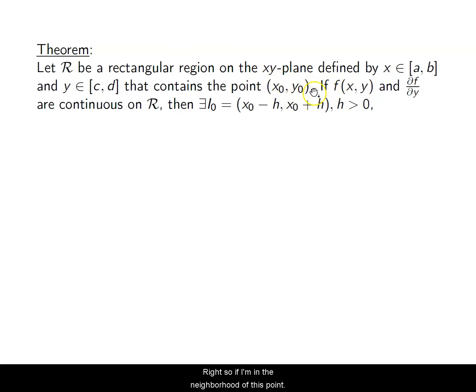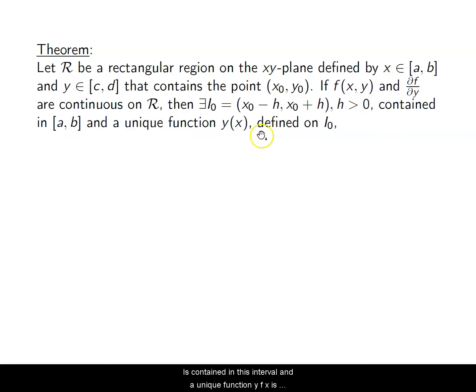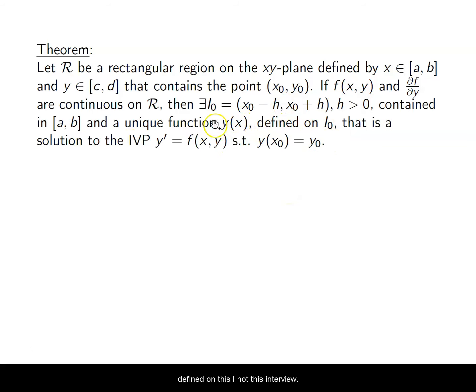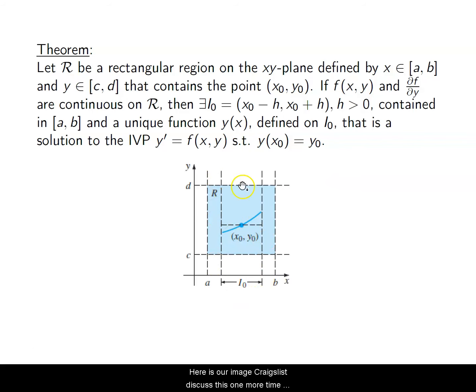Obviously h is larger than 0, which allows me to be a little bit before and a little bit above. Is contained in this interval, and a unique function y of x is defined on this I naught, this interval, right? Then there is a solution to the IVP, y prime equals this function, such that y of x naught is y naught, okay? And here is our image.